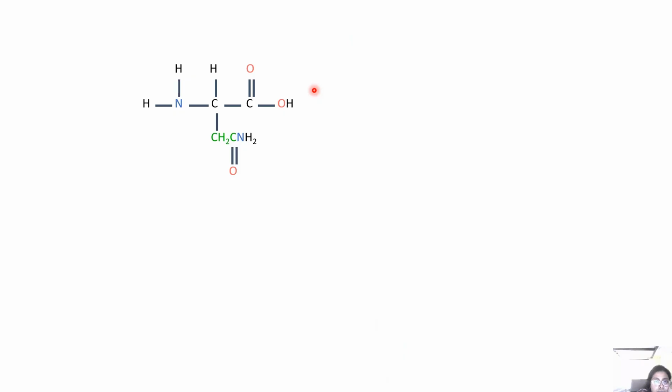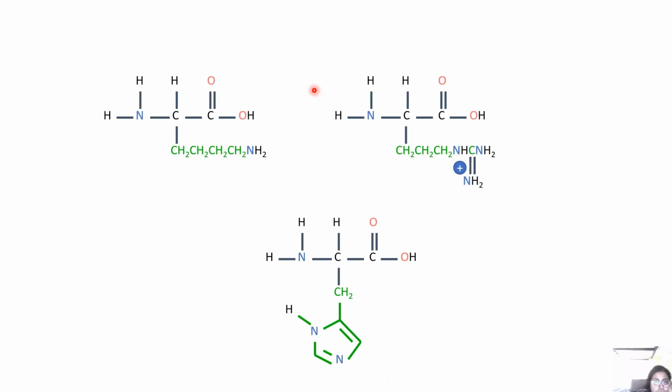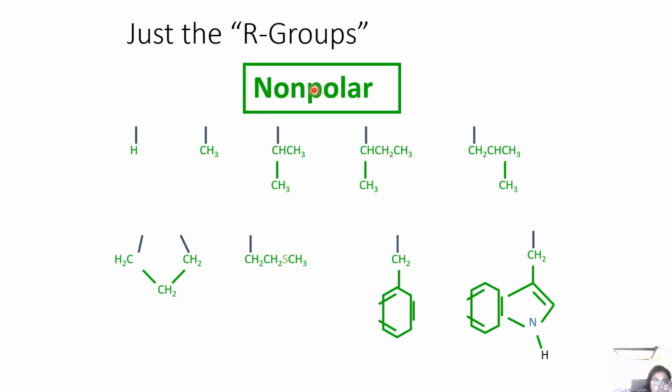We already know about the polar, non-polar, aromatic and non-aromatic amino acids, just the R groups.